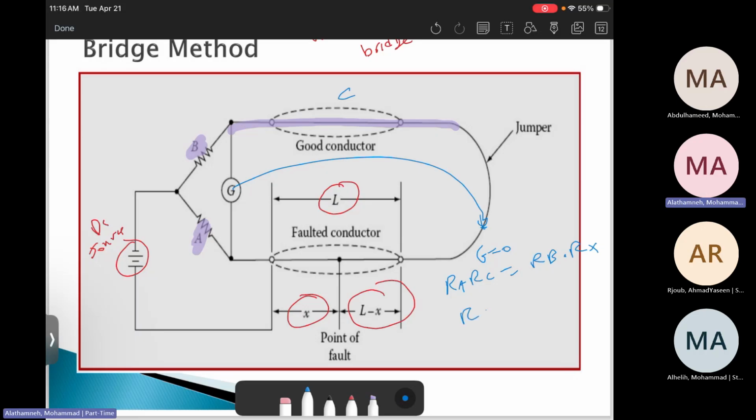Then we can calculate Rx, which is Ra times Rc divided by Rb. And Rx, by the way, we can write as rho times L over A, or rho times X over A. Ra, Rb, Rc are known, rho is known, and the cross-section area is known. The only unknown is X. Then we can find X, and once we identify X, this is the fault location.